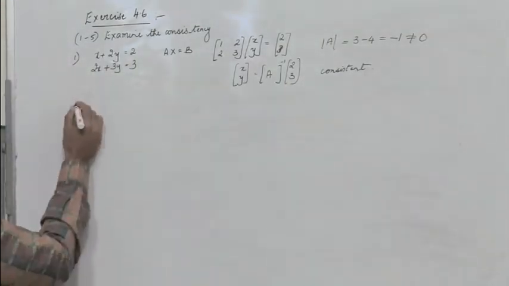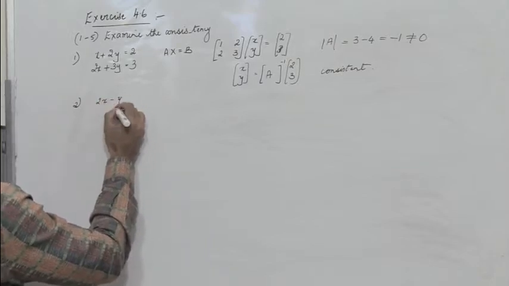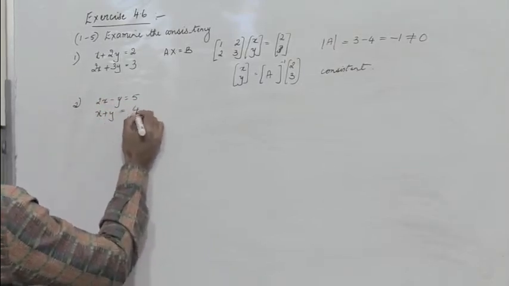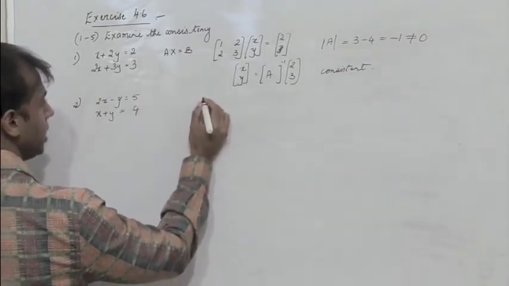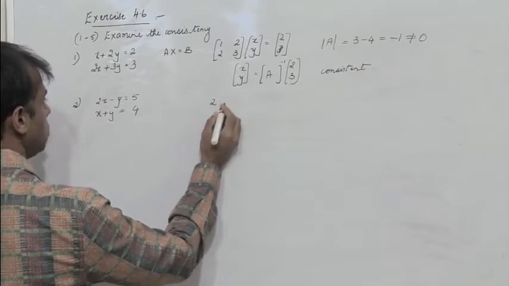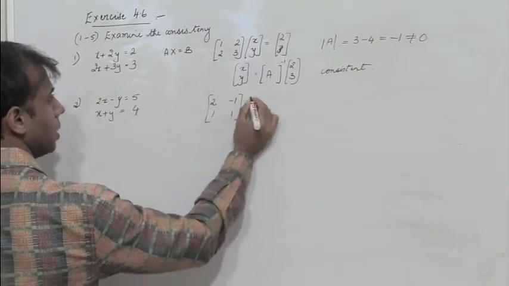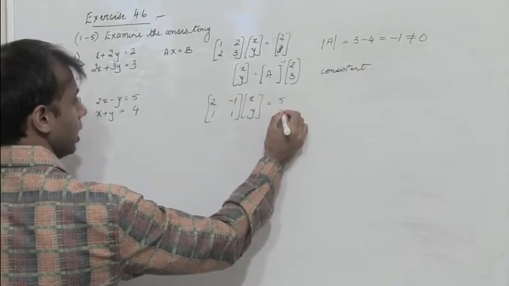So next, let's take the second problem. So I have 2x minus y equal to 5, x plus y equal to 4. So expressing it as Ax equal to B, I have coefficients of x 2, y is minus 1, 1, 1, x and y equal to 5 and 4.